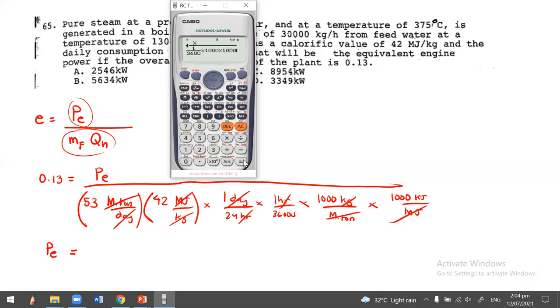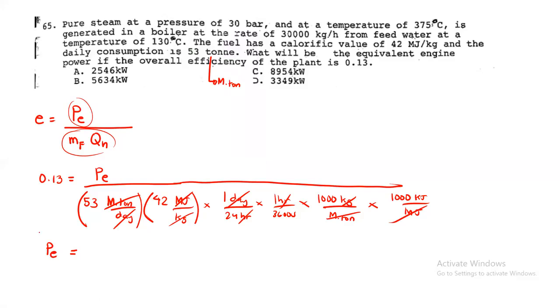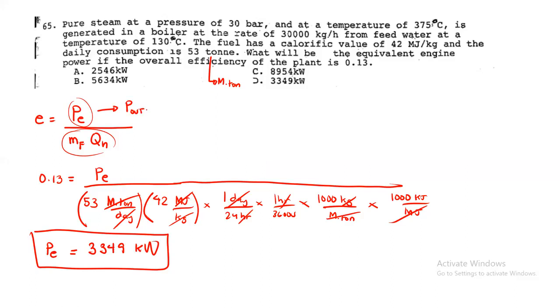So, ilan to? So, shift solve pala natin. So, 3349 kilowatts. So, tandaan nyo sa problem na to, power output over power input.